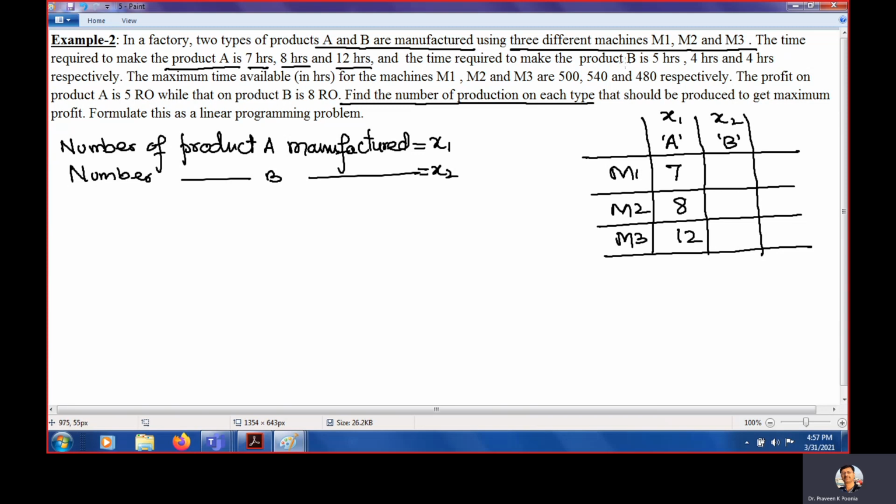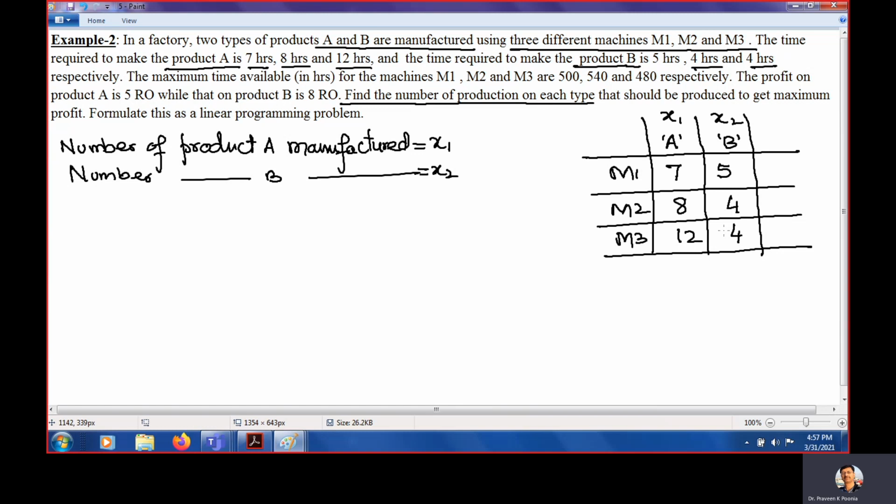Similarly, if we are talking about B product, it is taking 5 hours on machine M1, 4 hours on machine M2, and 4 hours on machine M3.